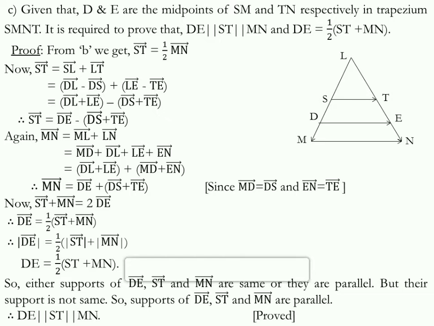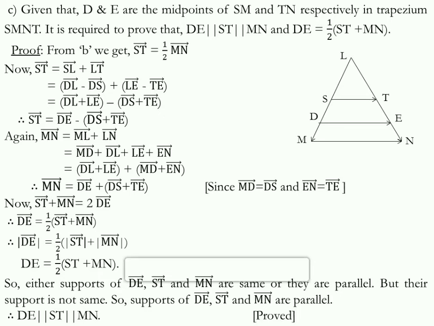So DL and LE can be written together, and taking minus in common we can write DS plus TE together, keeping it in one equation. Now DL and LE express DE by the vector addition law of triangle. So DL plus LE becomes DE, so we can write ST equals DE minus (DS plus TE).